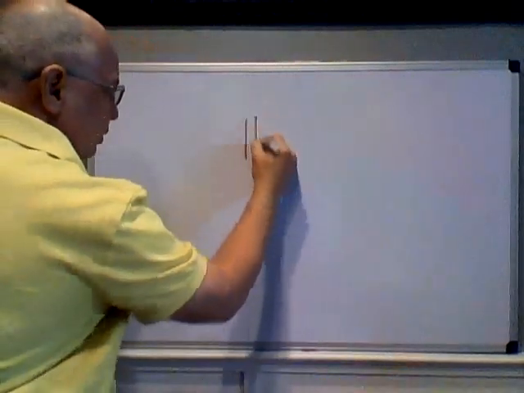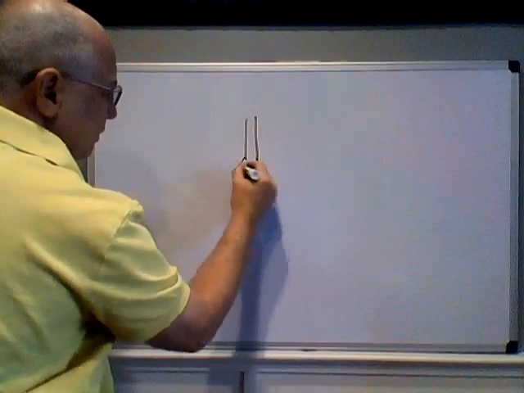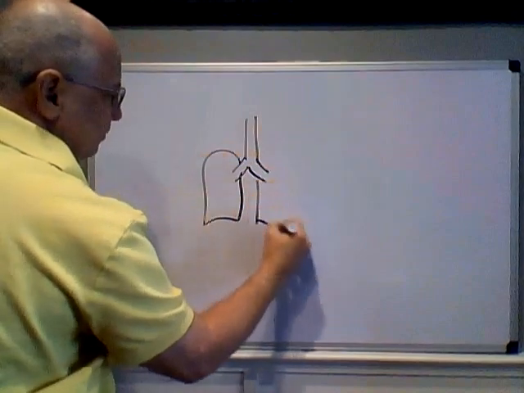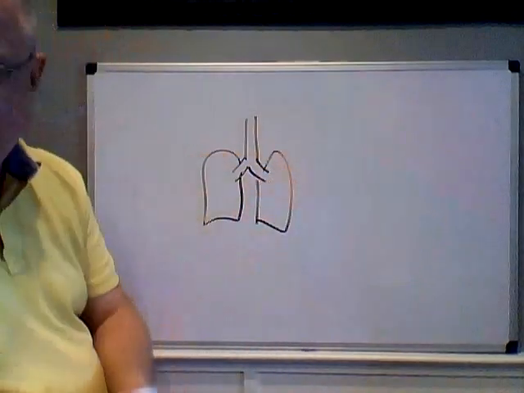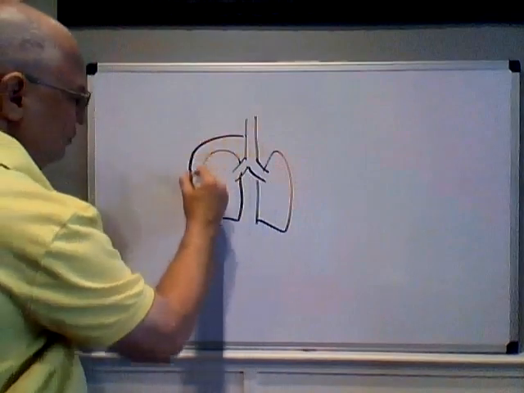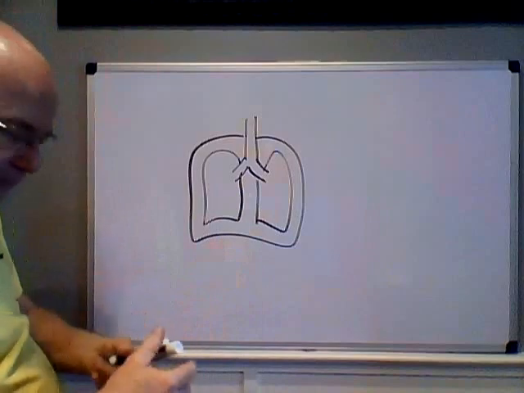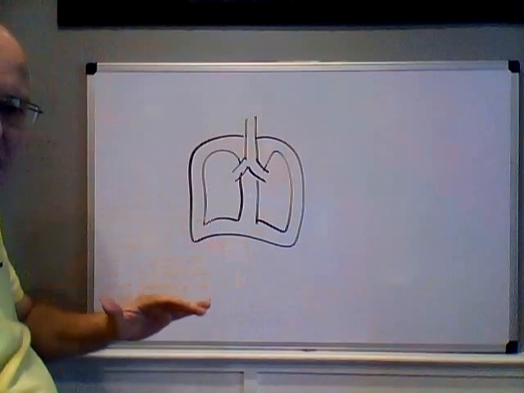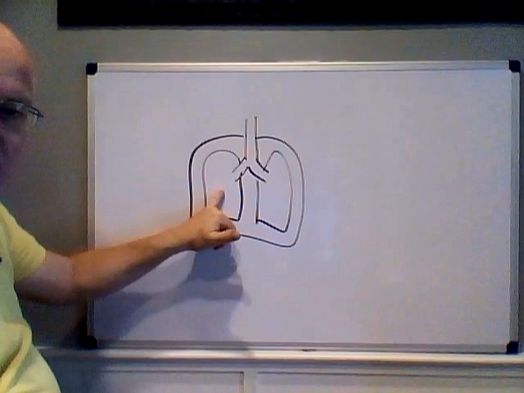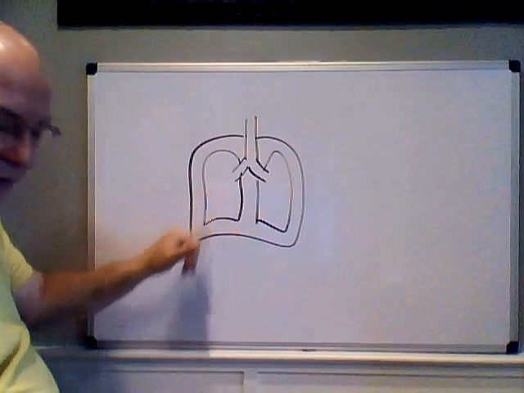I'm going to redraw that last picture that we had. Here's the trachea and the bronchi and the lungs, right? Just to kind of get the concept across. Here's the walls of the thoracic cavity. And of course the membranes would be in here, right? I'm not going to draw the membranes, but we know this is the intrapulmonic pressure. This is the intrapleural pressure.